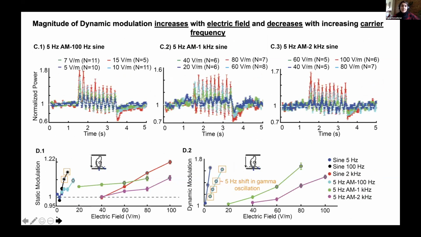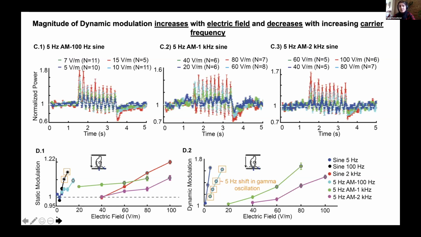And then there are 2 different things that I want to discuss here. First of all, we expect for the amplitude modulation stimulation that for the peak of the envelope, we would see the enhancement in the gamma power. But then when we have this 0 electric field, we would expect to be at the baseline.